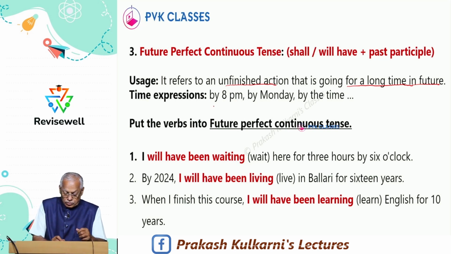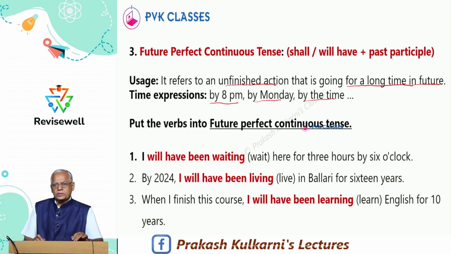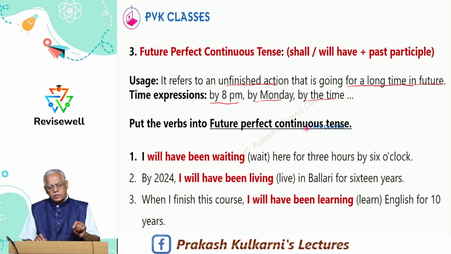Now time expressions: by 8 p.m., by Monday, by the time somebody arrives, like that. These are the time expressions. So you can supply the correct tense form of the verb only by studying time expressions very clearly in each tense.